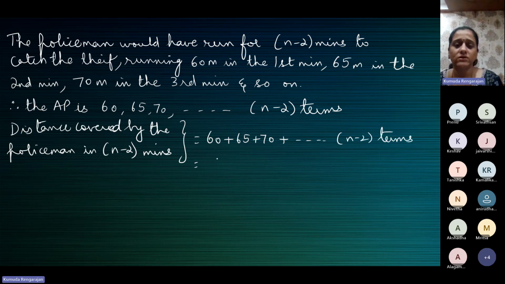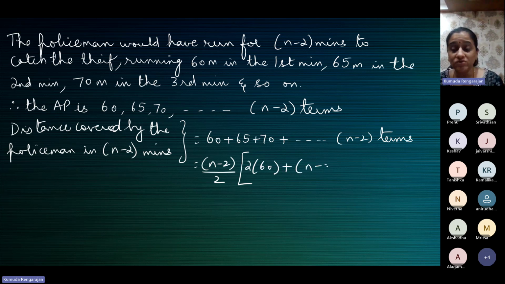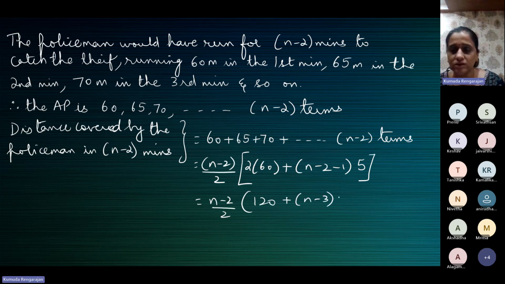So what's the formula? n by 2. Here n is n minus 2. So n by 2 becomes n minus 2 by 2 of 2a, 2 into 60 plus n minus 2 minus 1 into d, which is 5. Formula. That gives 120 plus n minus 3 into 5.